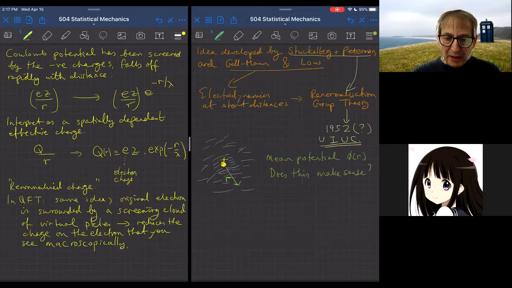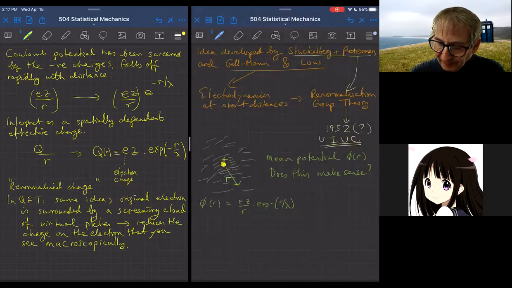So why would we ask the question? Well, the point is that phi of r goes like Ez over r times e to the minus r over lambda. And so this quantity lambda tells you the decay length of the potential.